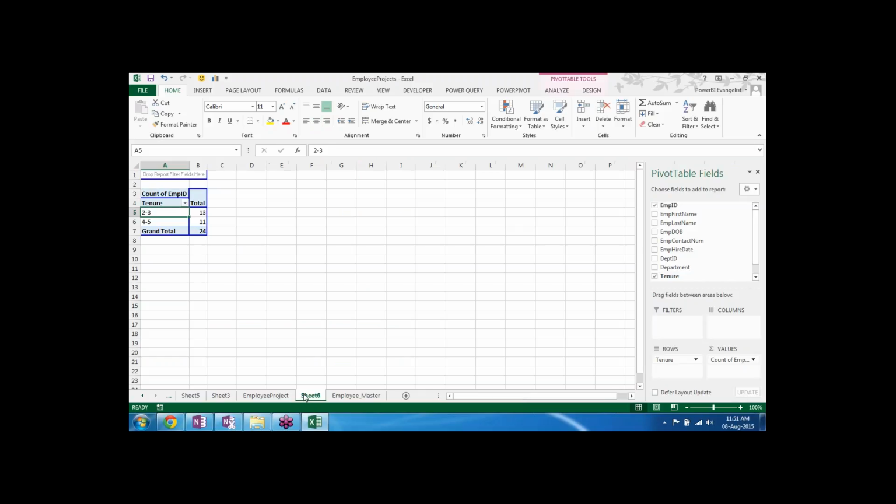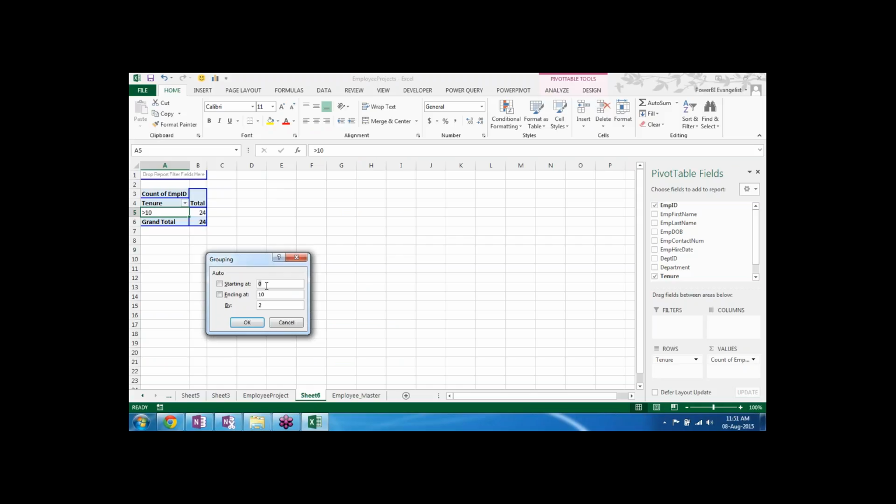If you come to this and refresh this, now there is some problem with this particular bucket. So what we will do, we will go back to our group, and we had said starting at 0 and ending at 10. So that's why it is giving this. Everyone is more than 10 now because it's a month.